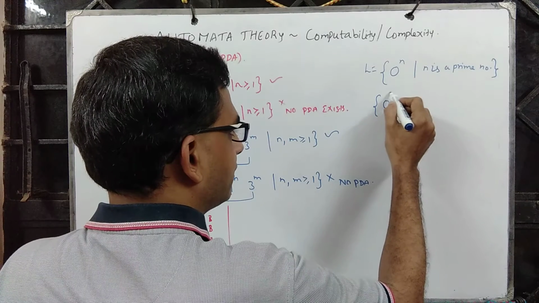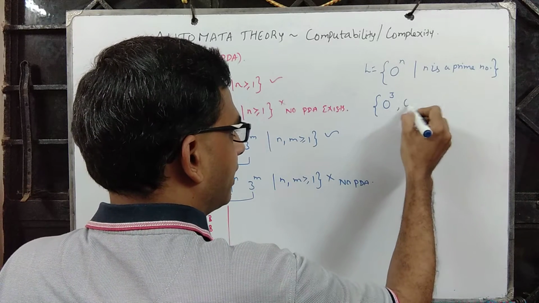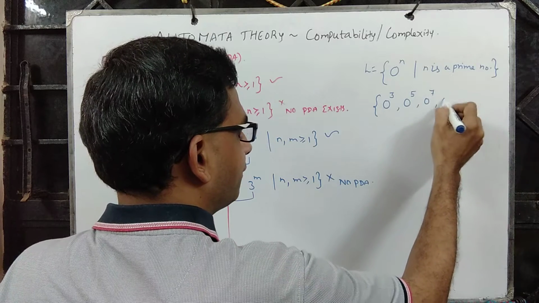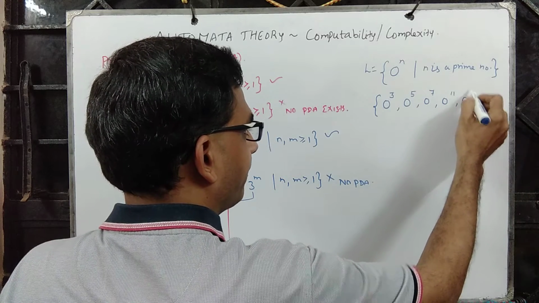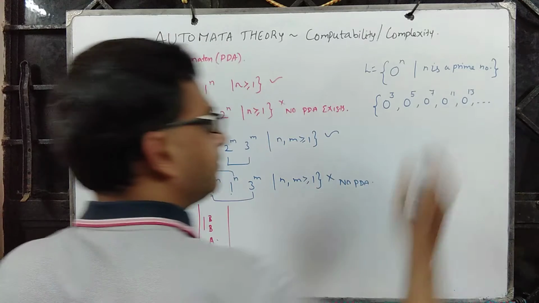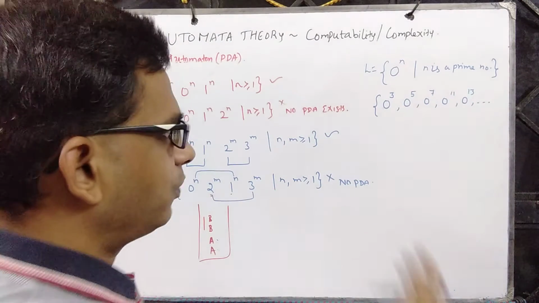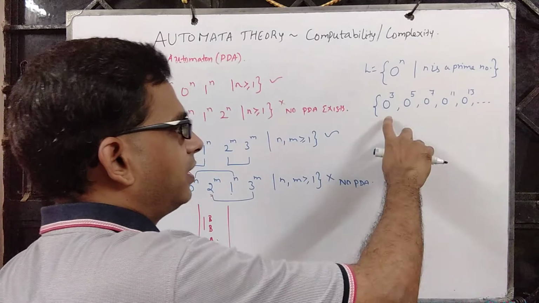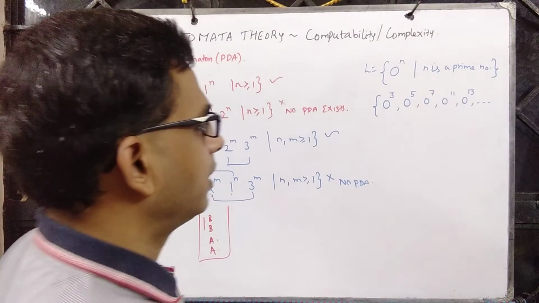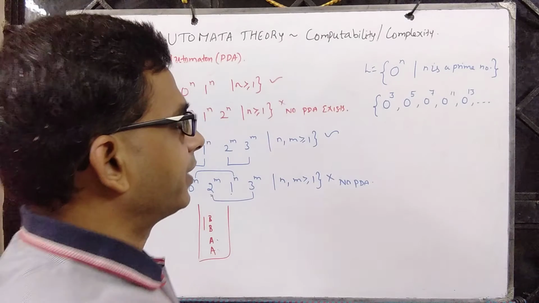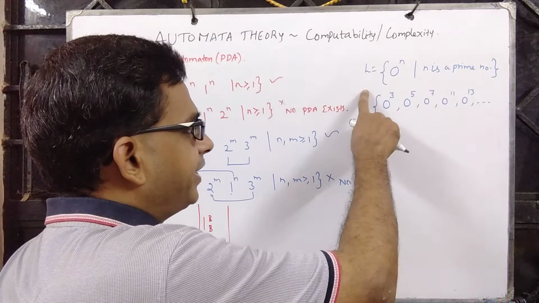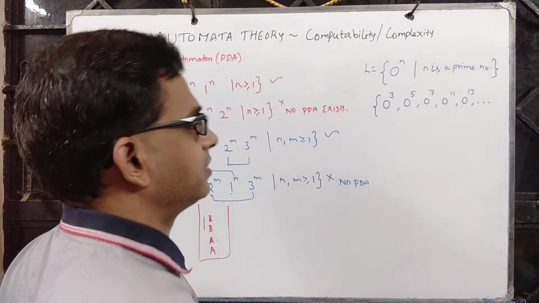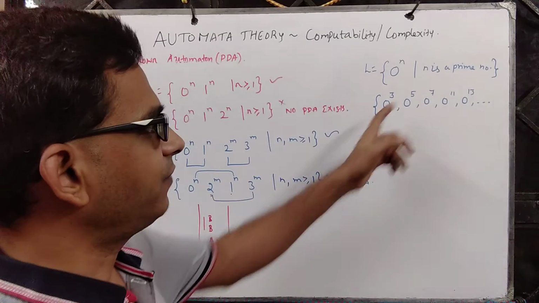We start with 3 and we want to accept strings of this type. If you want to include 2, then you can start from 2, but let me start from this. So now, can you come up with a PDA which will precisely accept this set? In general, 0 power n, where n is a prime number.